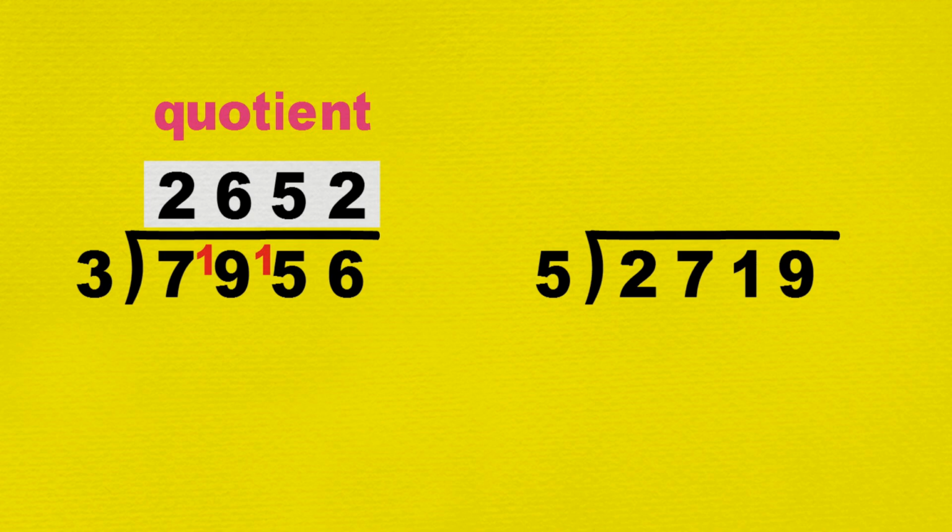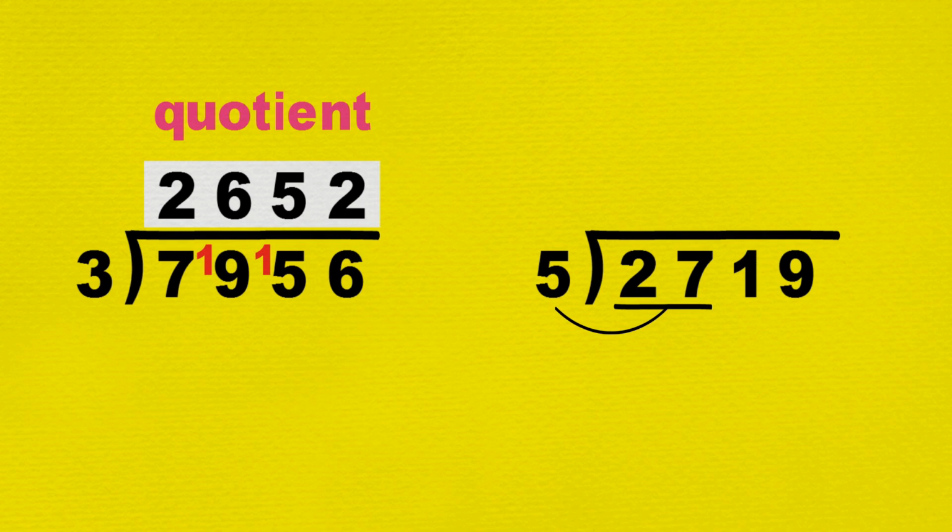This example is a little different because 5 will not actually divide into 2 because 2 is smaller than 5. So what we do is we include the next digit and divide 5 into 27. Not 2, not 7, but 27.